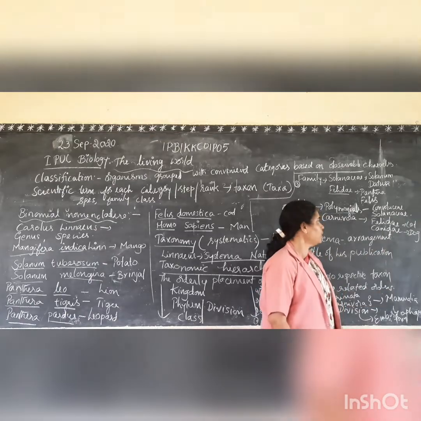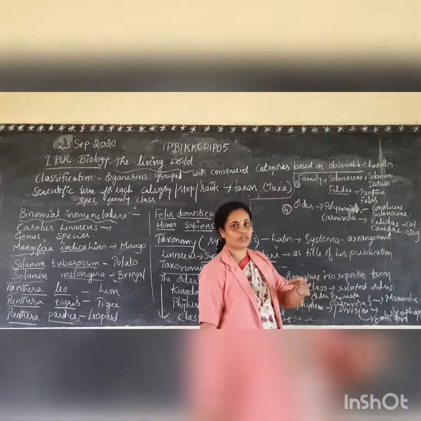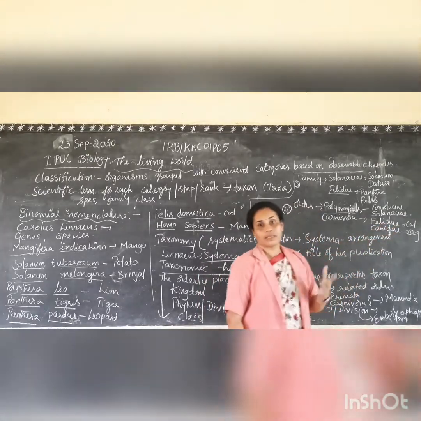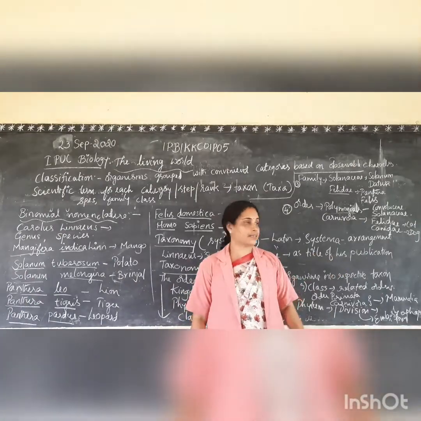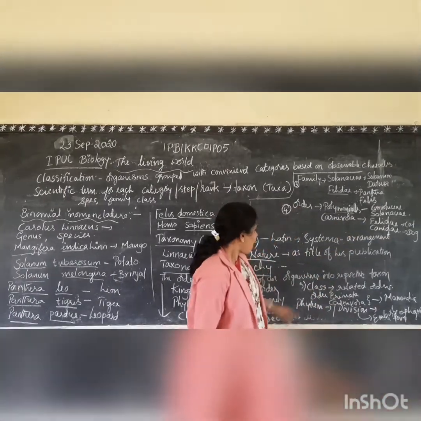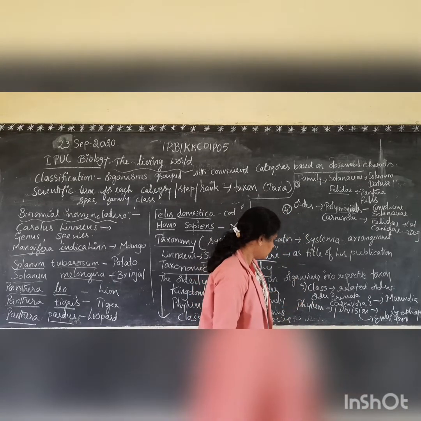Felidae is the cat family, including tigers, lions, cats, and Canidae is the dog family, including dog and fox. All of these come under Carnivora.